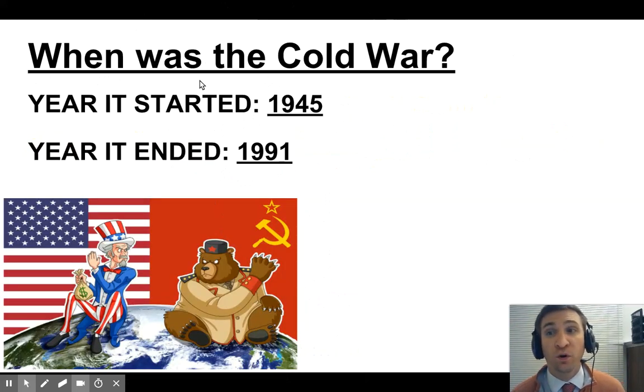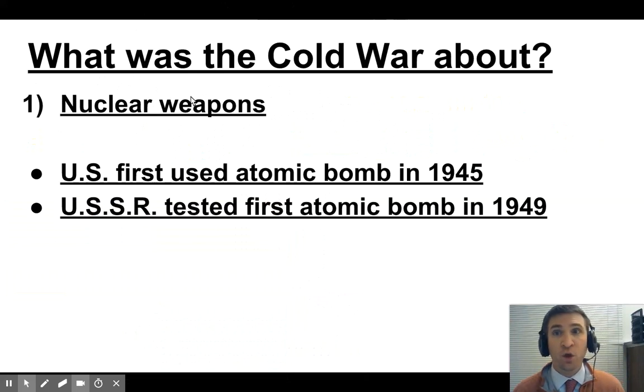When was the Cold War? The year it started, 1945. Year it ended, 1991, with the fall of the Soviet Union. What was the Cold War about? Two major things. Number one, nuclear weapons. It was an arms race, a race to see who could be the most powerful with their weapons.